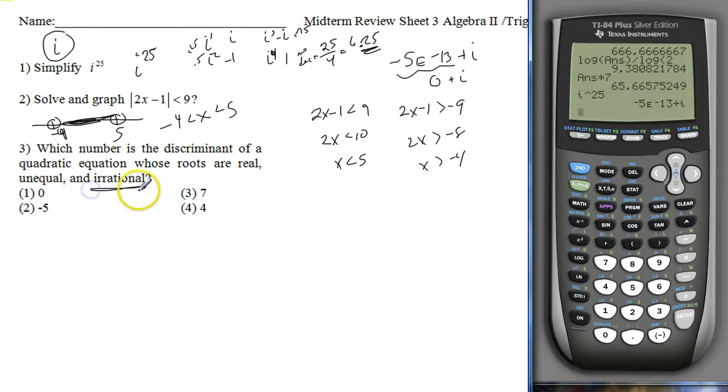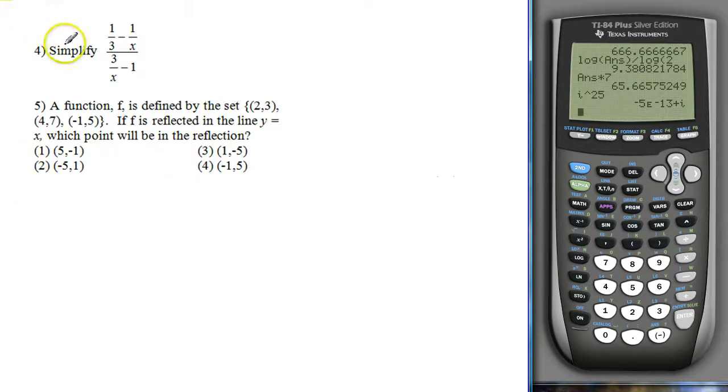Number 3, irrational. We're looking for non-perfect squares. Choice 3. Number 4, I need to get rid of the little baby denominators, so my common denominator for this problem would be 3x.